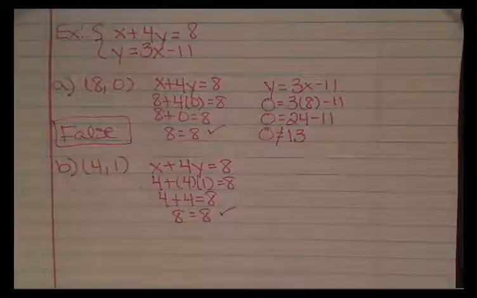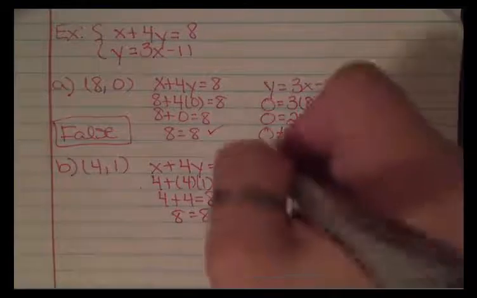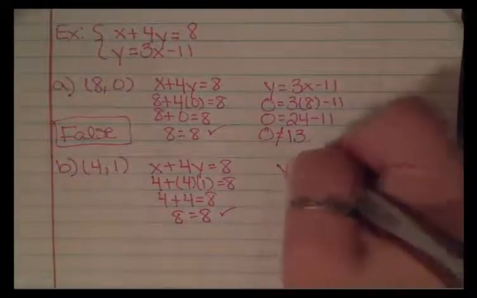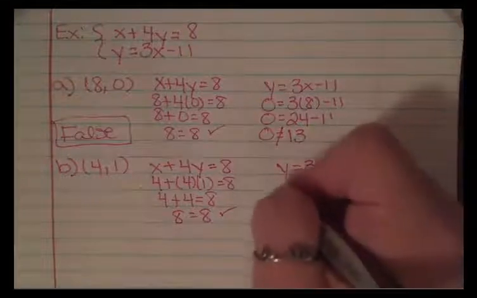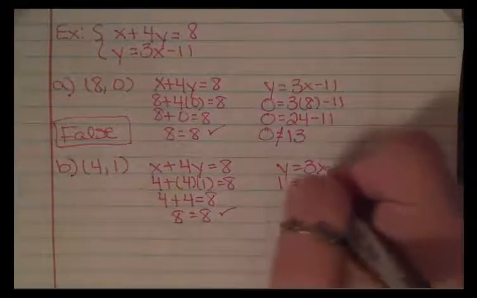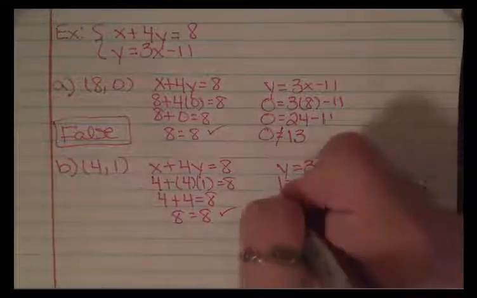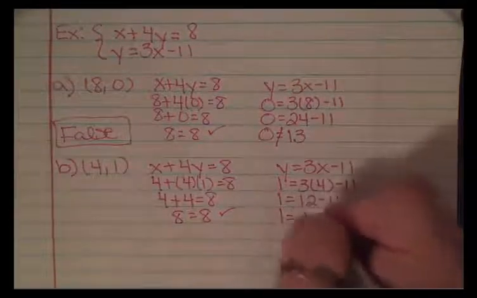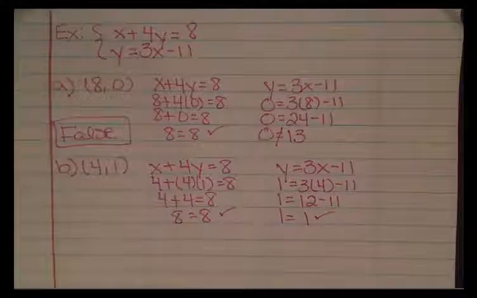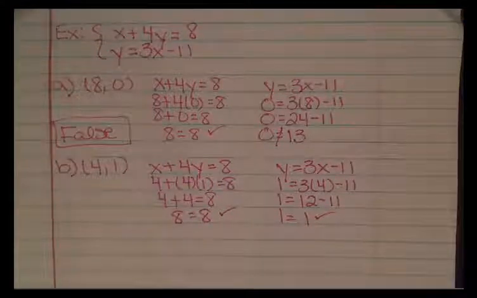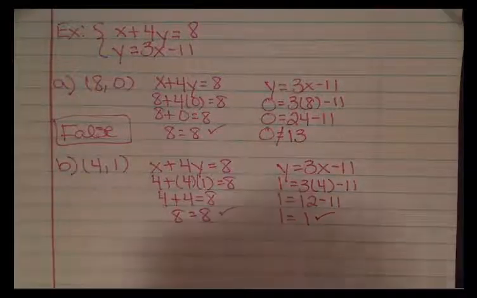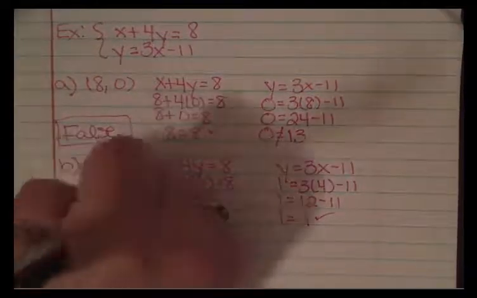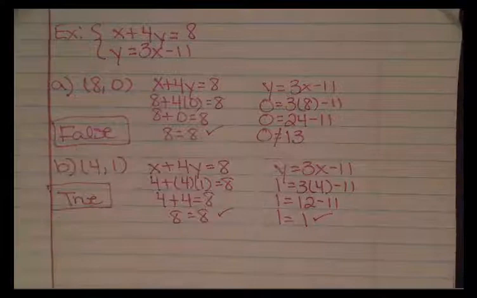You should get 8 equals 8 on that first equation. And you should get 1 equals 1 on the second equation. So since we got 2 true statements, that means that this is a solution for that system of equations.